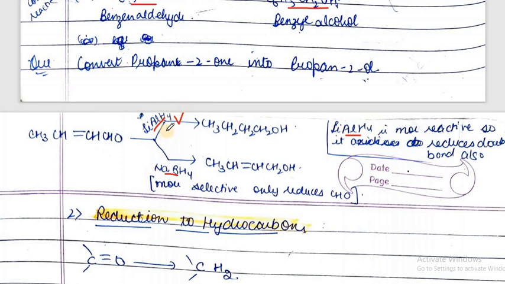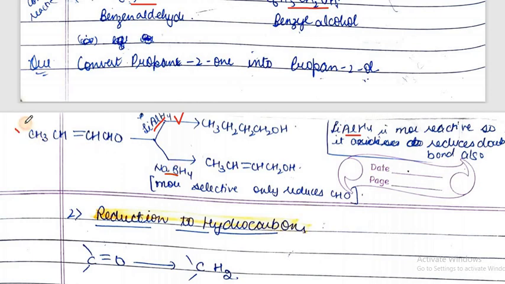When it is used, it reduces both the double bond and the carbonyl group, so we get this alcohol. But sodium borohydride is more selective and reduces only the carbonyl group, and the double bond remains as such. This can be seen by this example.